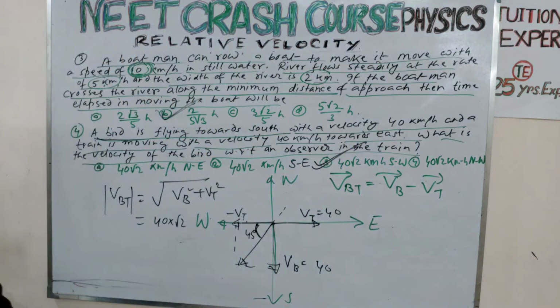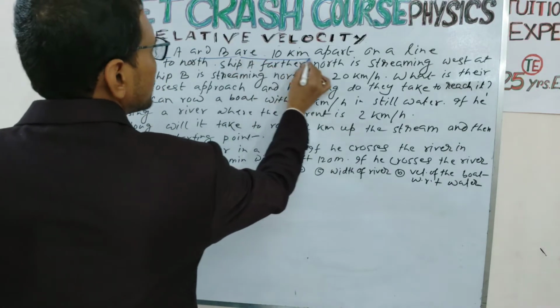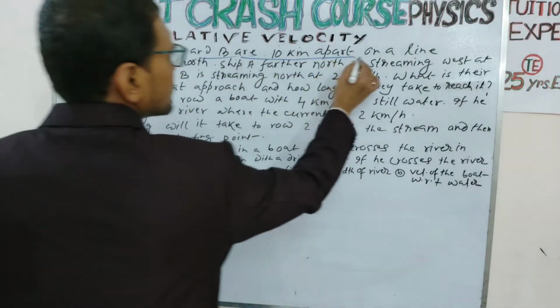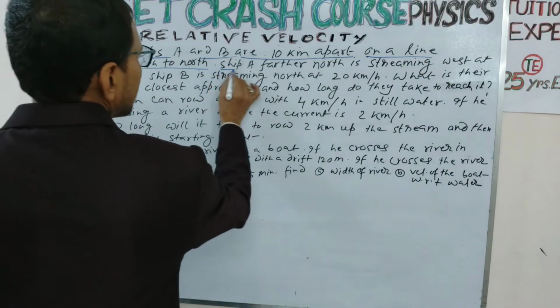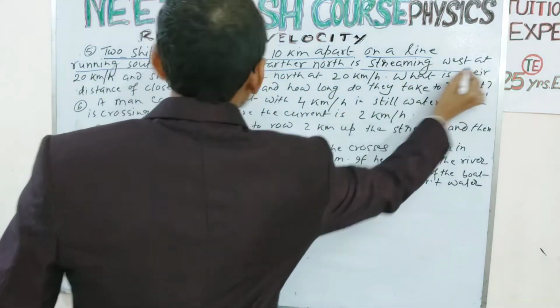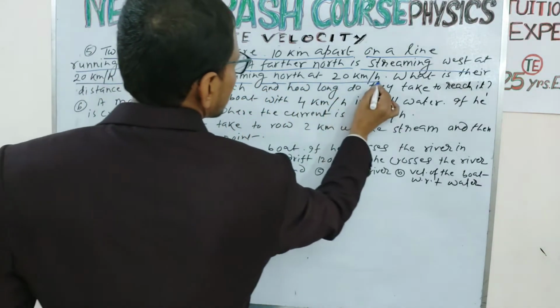This is the answer. The next problem: two ships A and B are 10 km apart on a line running south to north. Ship A, further north, is steaming west at 20 km per hour and ship B is steaming north at 20 km per hour.